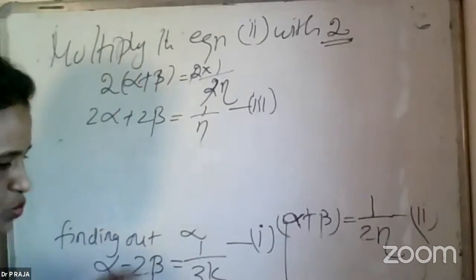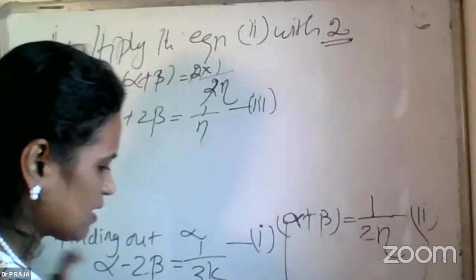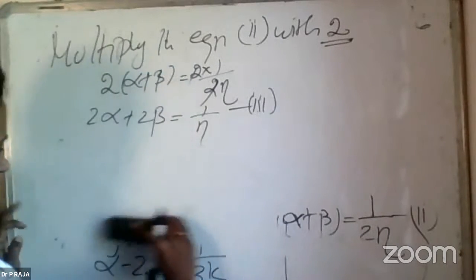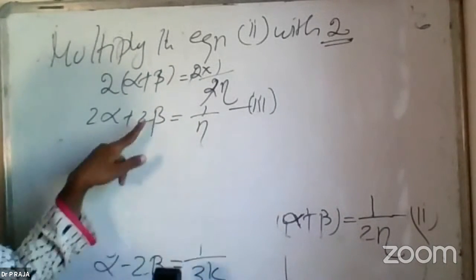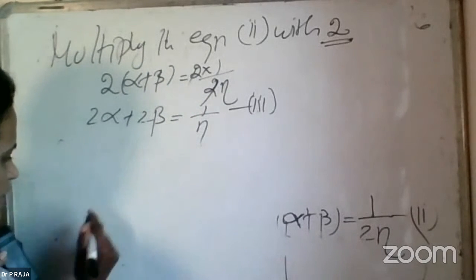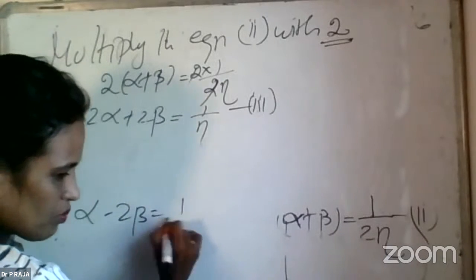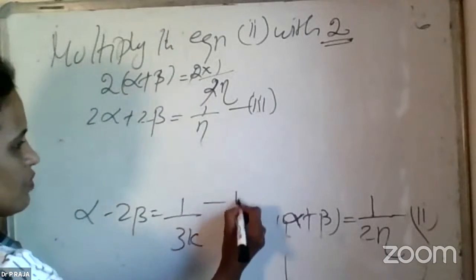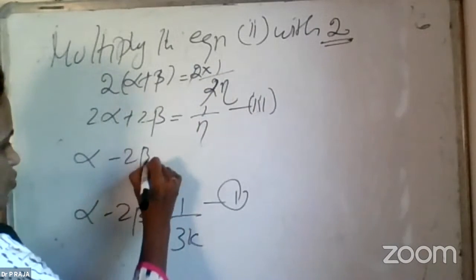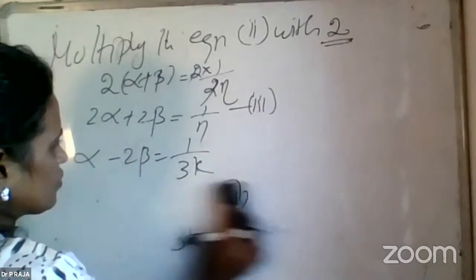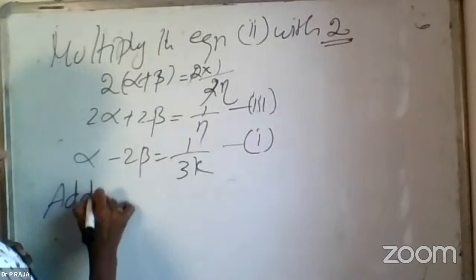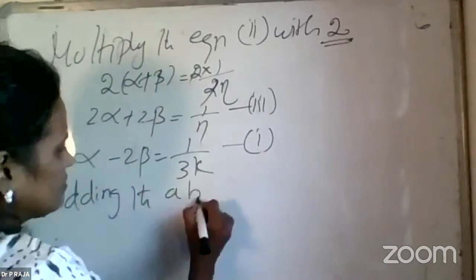On the left hand side this will become 3 alpha, and the 2 beta and 2 beta will get cancelled out. Alpha minus 2 beta is equal to 1 by 3K was our equation 1. Adding these two equations, adding the above two equations.